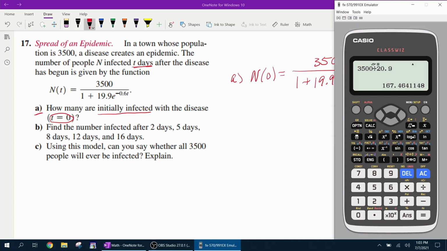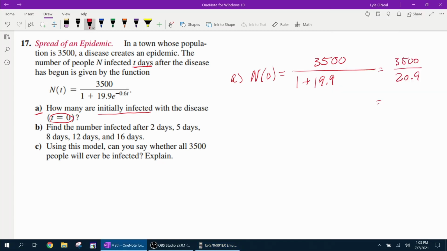Does that make sense? You can't have part of a person. So 167 people. That is the initial amount of infected people. 167 were infected initially.